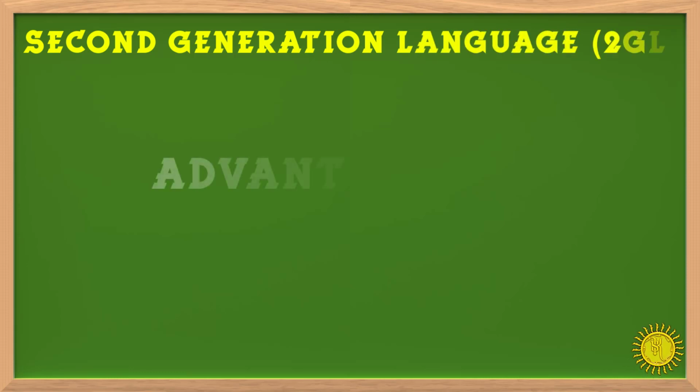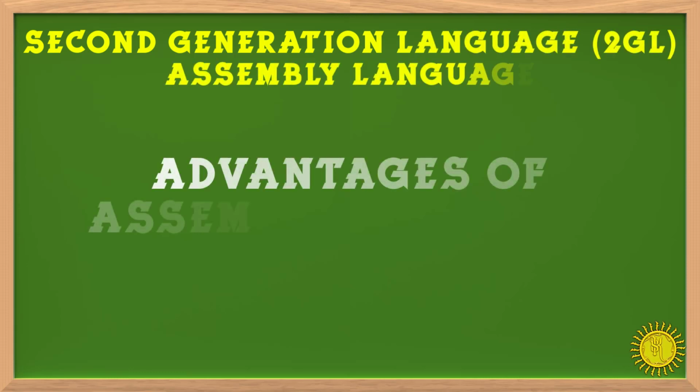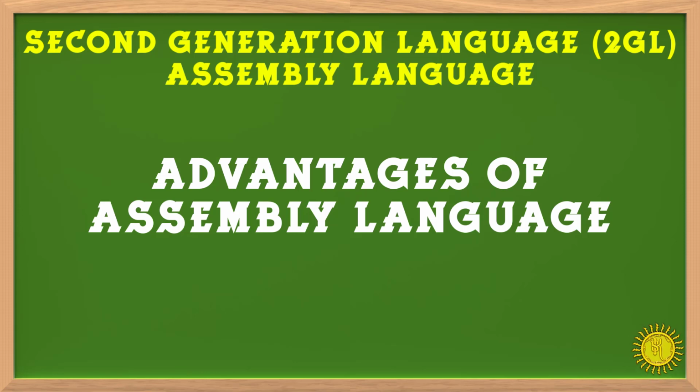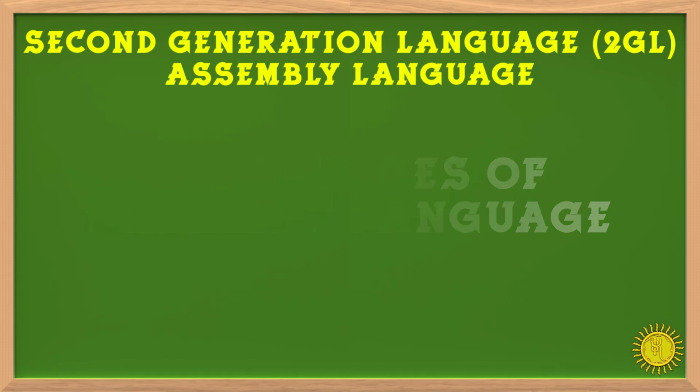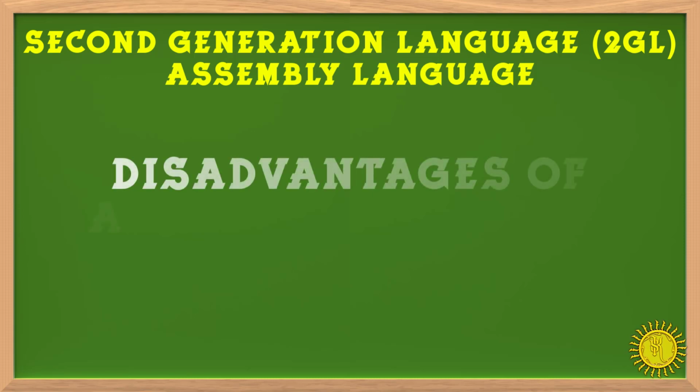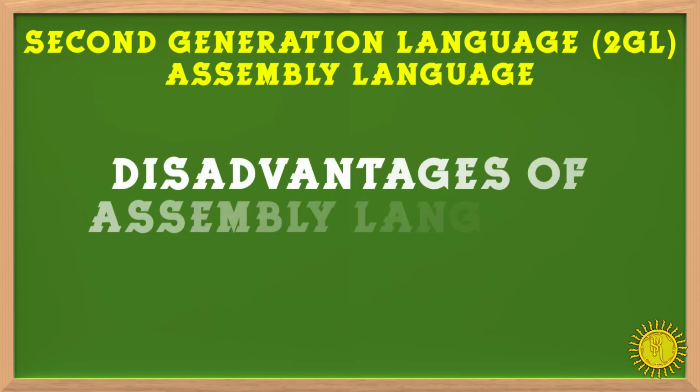Let us see the advantages of assembly language. It uses English words which make it readable by human beings. It is easy to locate and fix the errors. Now, what are the disadvantages of assembly language?